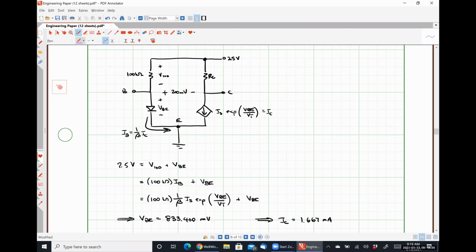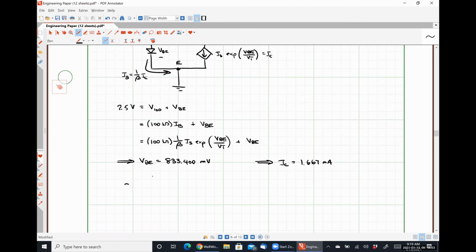Right. So yeah, what I would suggest is we do Kirchhoff's voltage law around that loop, right? Where let's call this guy plus VRC.